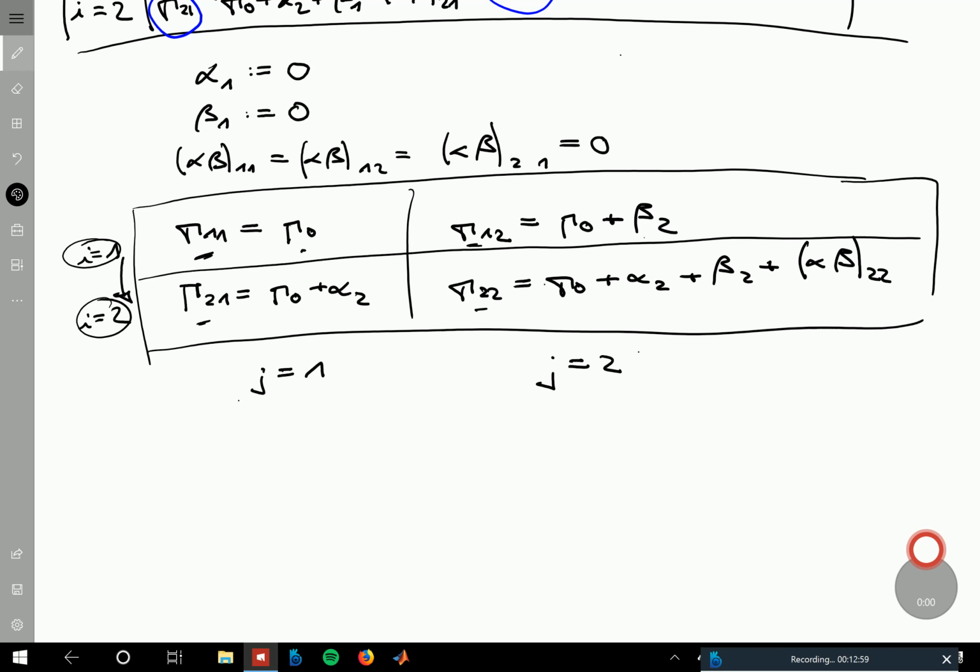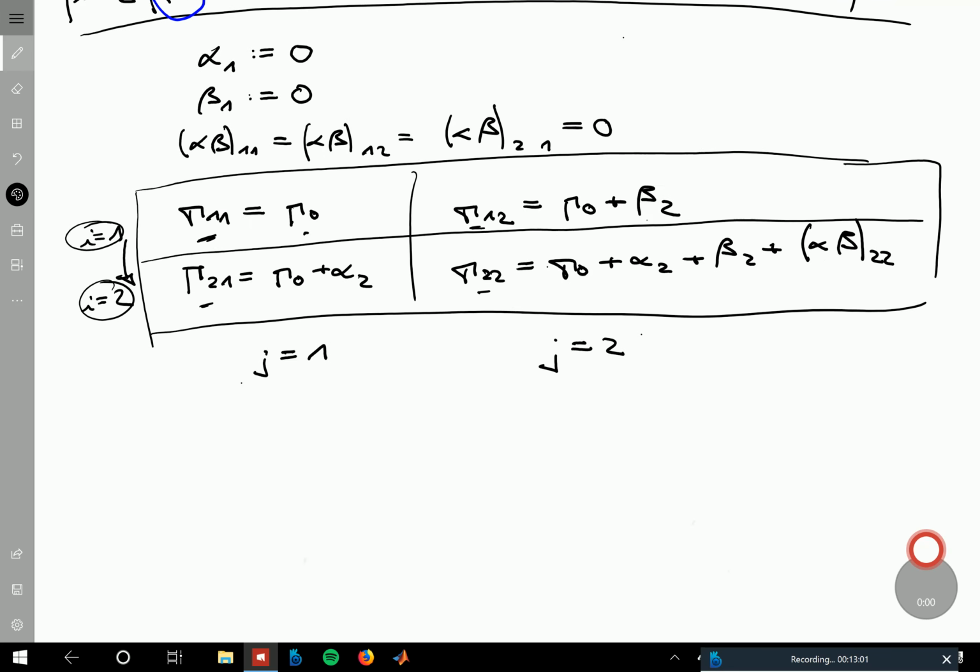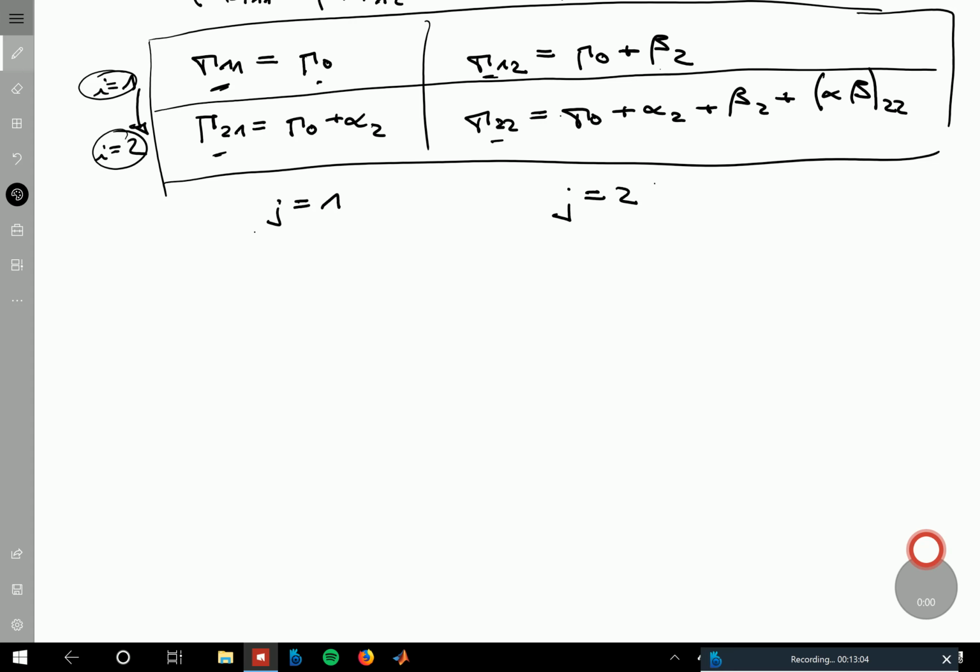Now the final thing is to write this in design matrix form. So again, of course, our Y is just our data points written below each other.